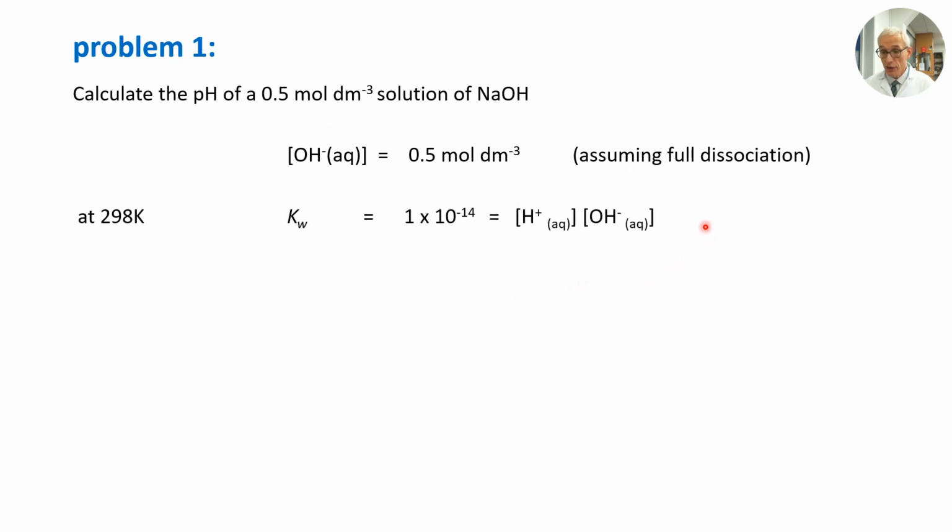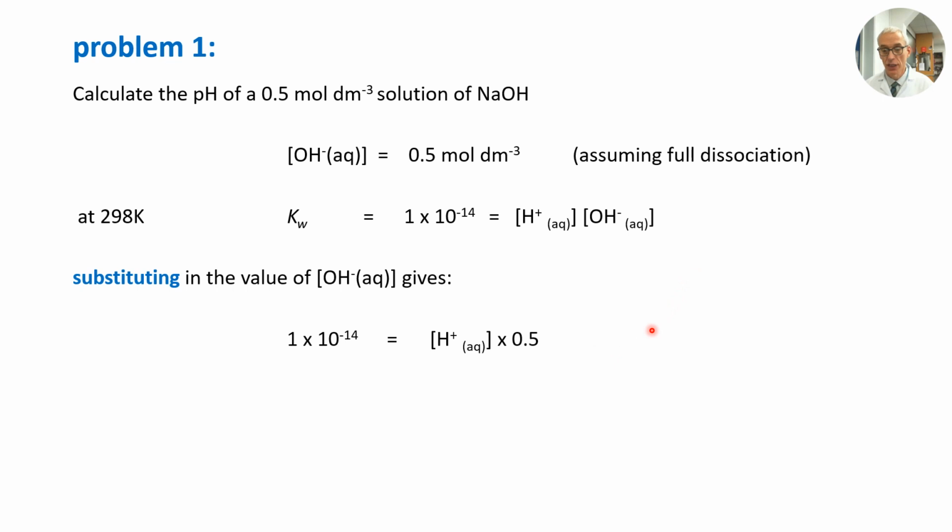We then write out Kw and its value at 25, substitute in the value of hydroxide, which gives us this, solve for the value of H+, put that value into minus log to the base 10, and we get a pH value of 13.7.